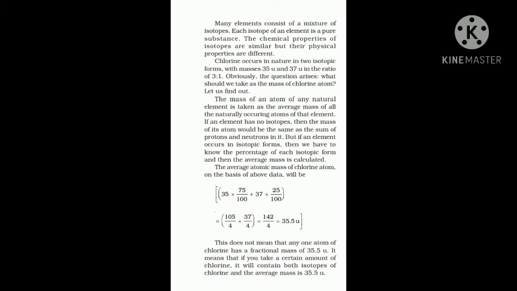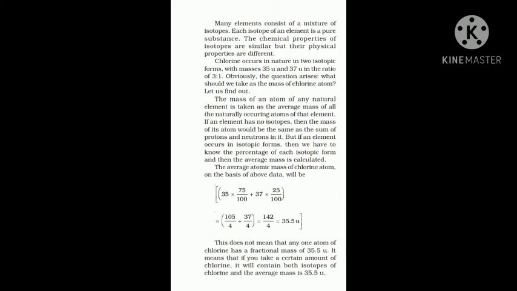If an element has no isotopes, then the mass of its atom would be the same as the sum of protons and neutrons in it. But if an element occurs in isotopic forms, then we have to know the percentage of each isotopic form and then the average mass is calculated.